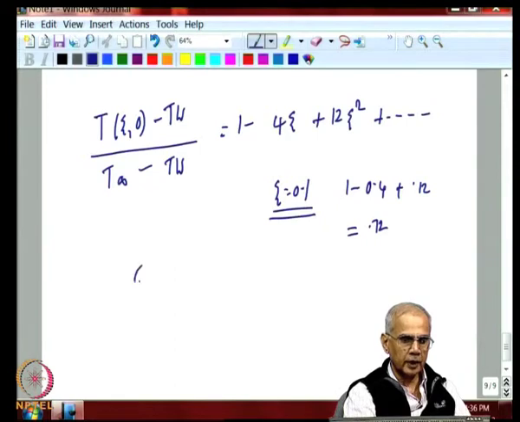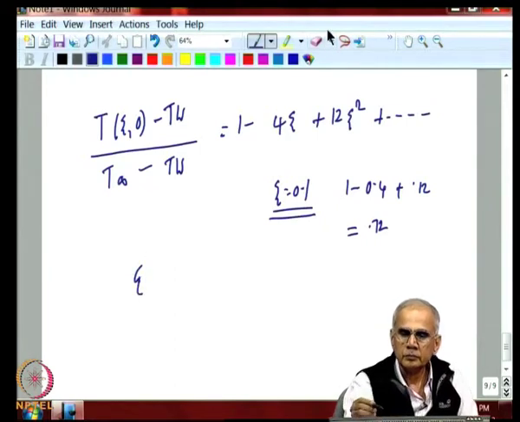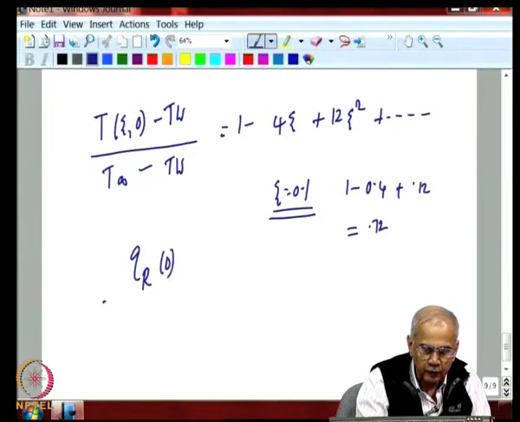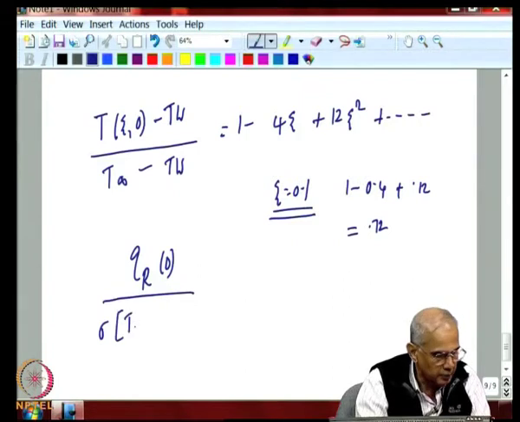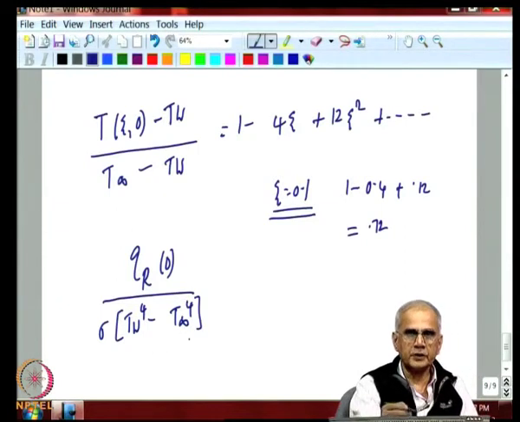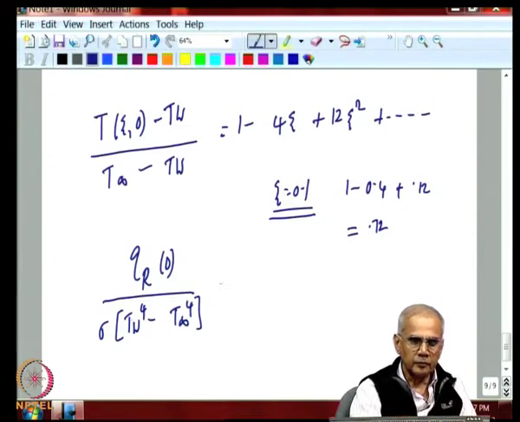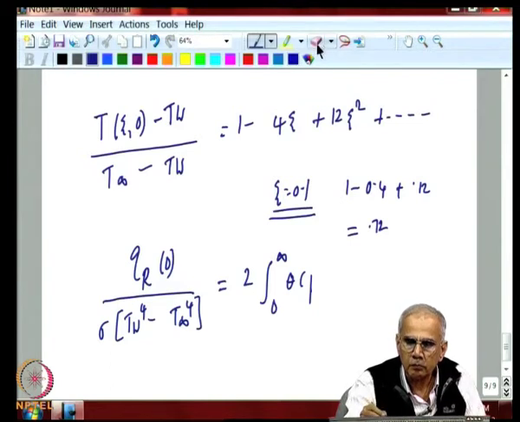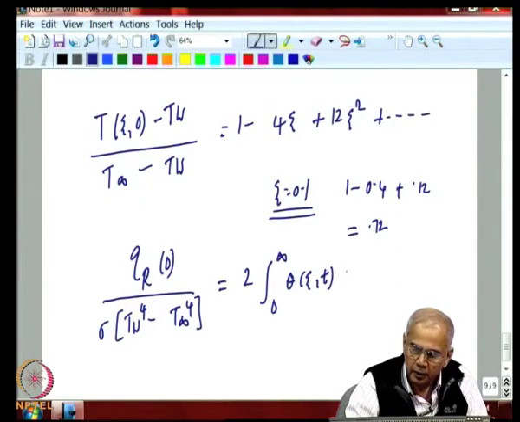In this case, the flux at the wall can be written as, and flux is always non-dimensionalized by the flux that will exist in the absence of the gas, that is your measure, and this can easily be shown to be theta of sin t E2 of t dt. Okay.